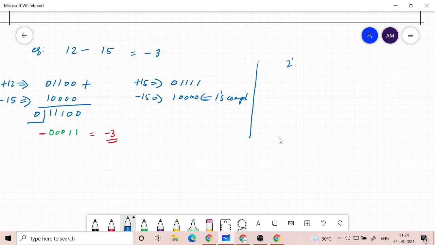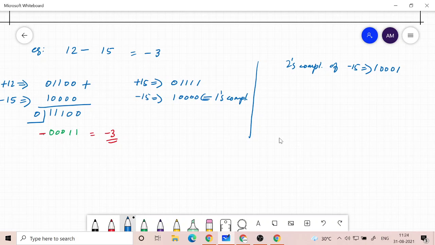So 2's complement of -15 is what? You have to flip every bit and then add 1 to it. So it will be 1 0 0 0 1.